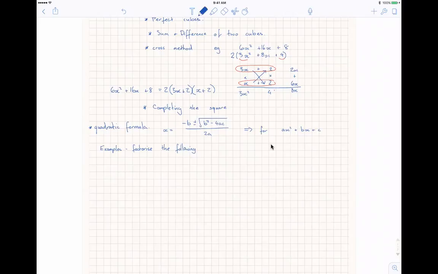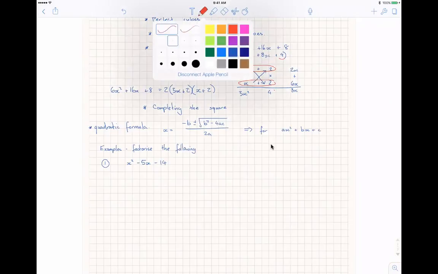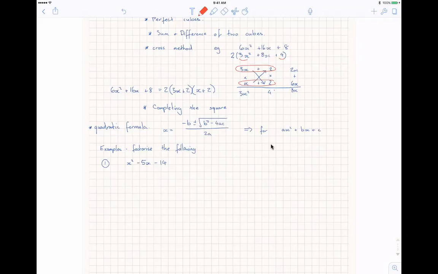So a really simple example to start off with. Before you launch into any more complicated techniques, you should just try straight away to find out whether we can do this by trial and error, which means we need to look for two numbers which multiply to give negative 14 and add to give negative 5.